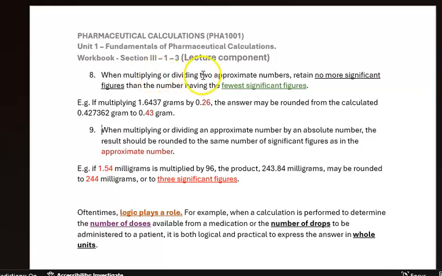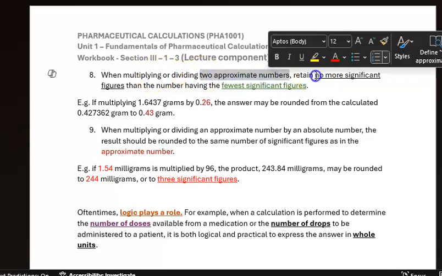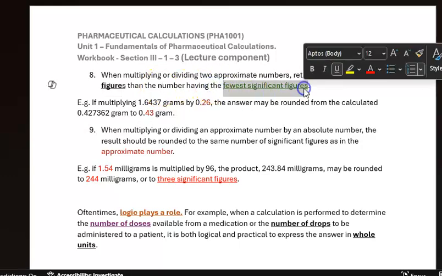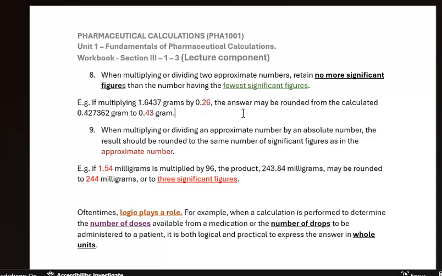When multiplying or dividing two approximate numbers, retain no more significant figures than the number having the fewest significant figures, similarly to the places of decimal above. Our next recording will deal with significant figures. Okay, so here we have 5 digits.